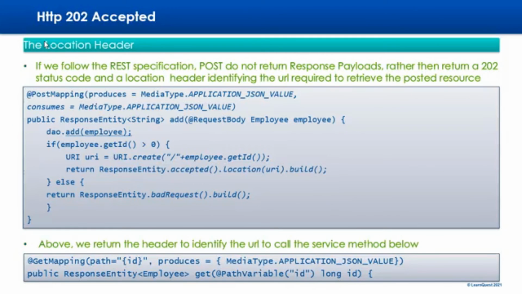In this case, it looks as if it's just /ID. So the snippet below is showing you, hey, if you make a GET request to the URL that's returned in the location header, this is the service that you would go to with the ID that you got back in that URL to get the inserted employee.